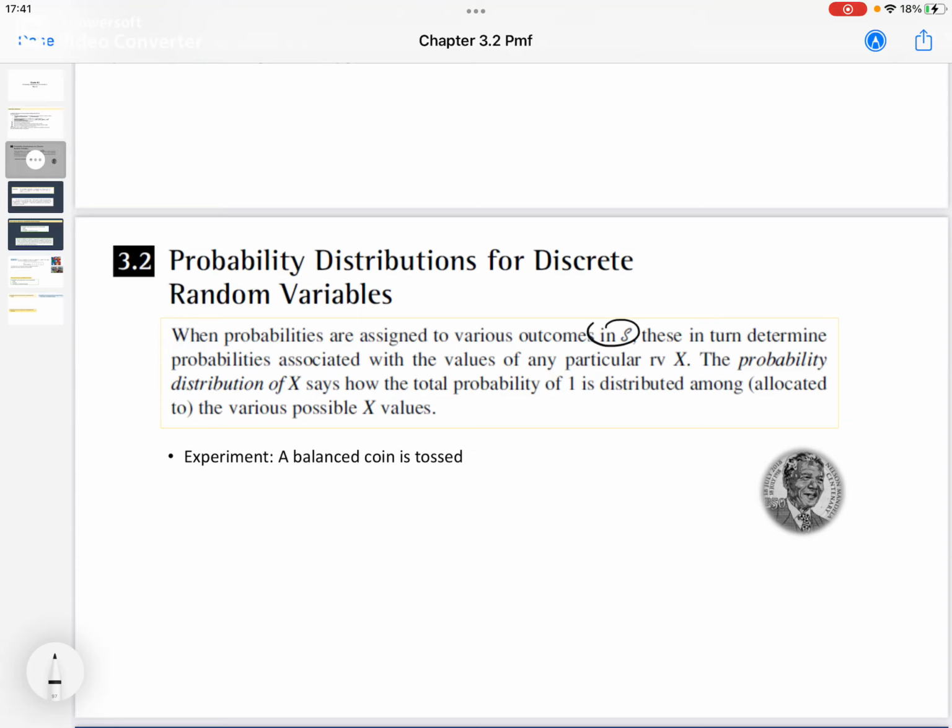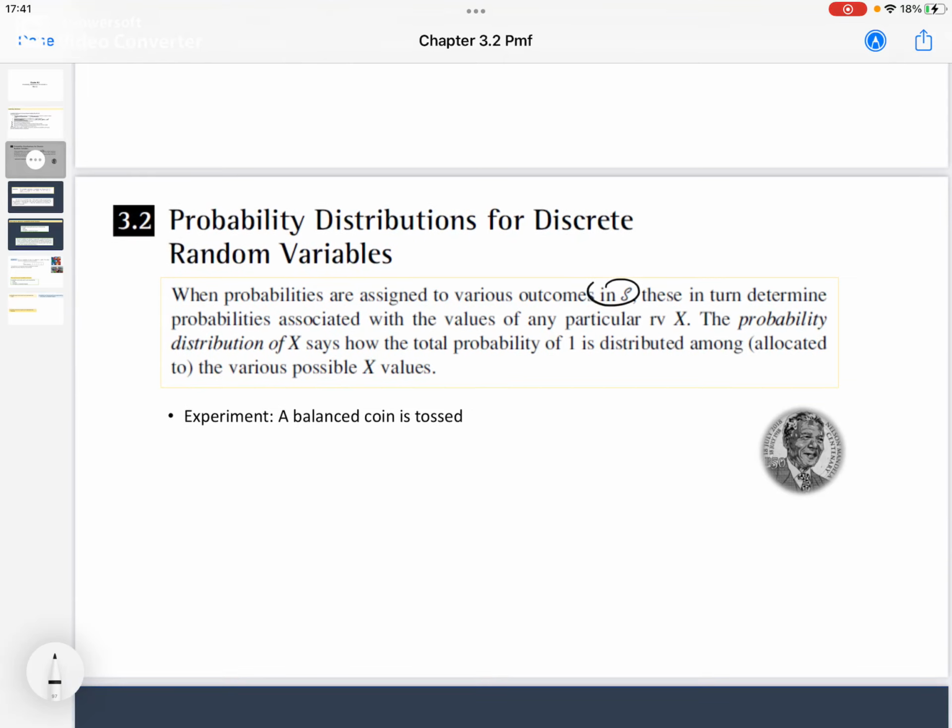So let us consider an experiment where we have a balanced coin and we toss this coin once and we want to see if we will get a head or a tail. From this experiment, we have a sample space with two possible outcomes. Either you get head or you get tails.